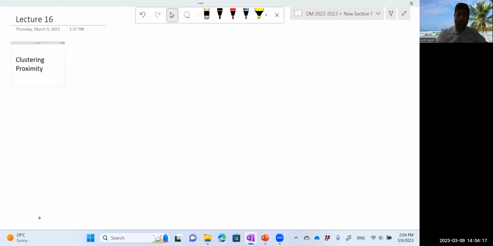By the way, proximity function is one name, but it's also known by many other names. For example, distance function, similarity, dissimilarity, and so on. So the purpose of this function, let's say we are talking about dissimilarity or distance function, that would be a function d.